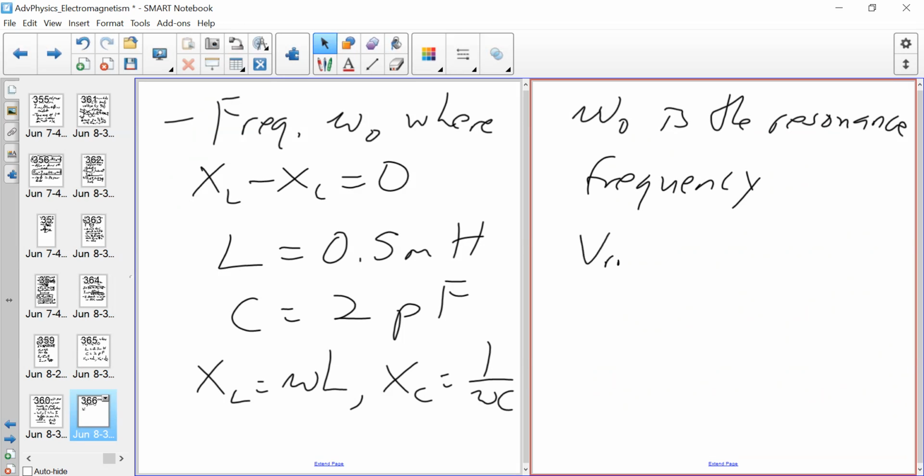That means that VRMS and IRMS will be in pure phase.